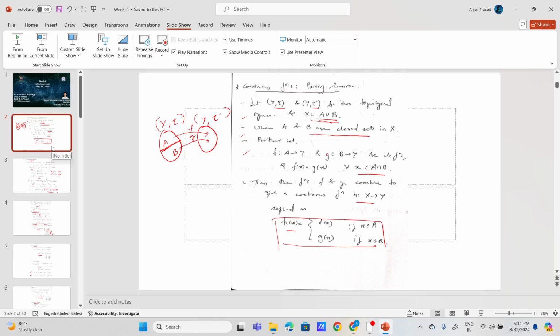Any other method to prove that a discrete space is disconnected? There exists a non-empty proper clopen set. Every set of X in discrete topology is clopen.